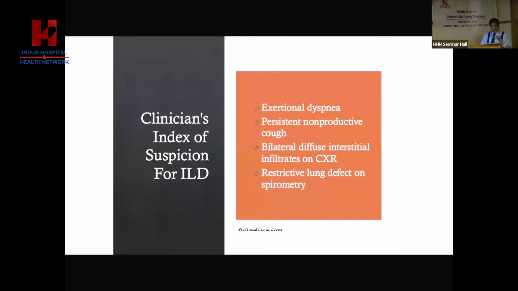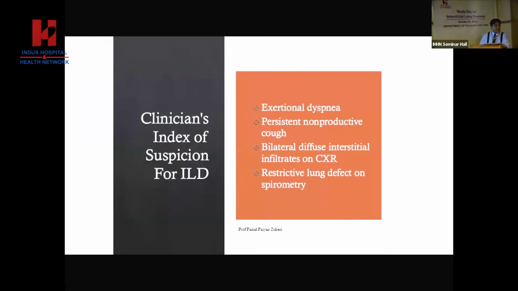Well, I'll start with the topic regarding the clinical presentation, course, and complications. One needs to have an index of suspicion that this gentleman or lady may have interstitial lung disease. That includes exertional dyspnea, one of the main complaints, persistent non-productive cough, and bilateral diffuse interstitial infiltrates on X-ray.